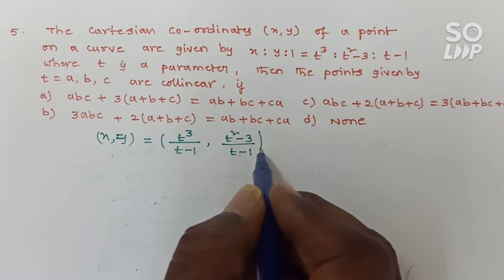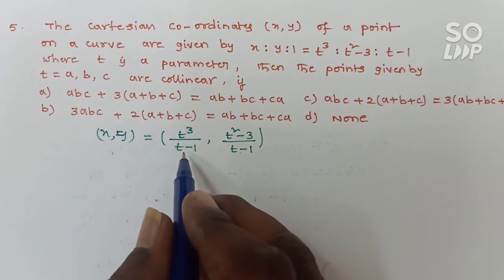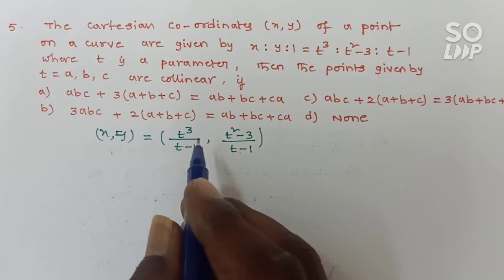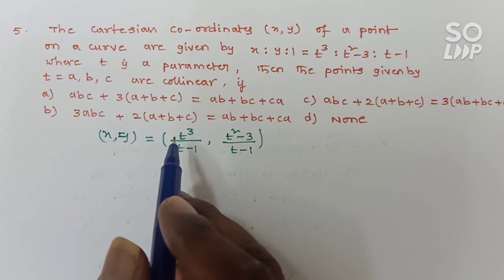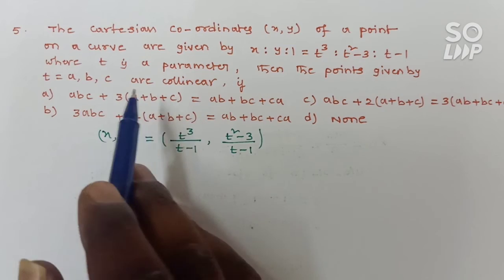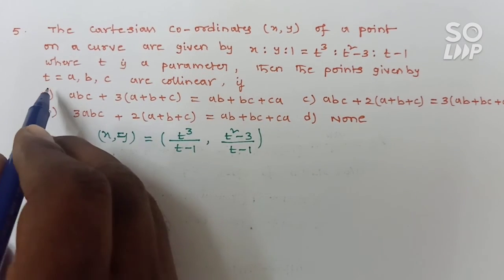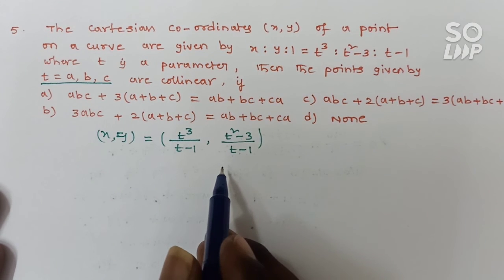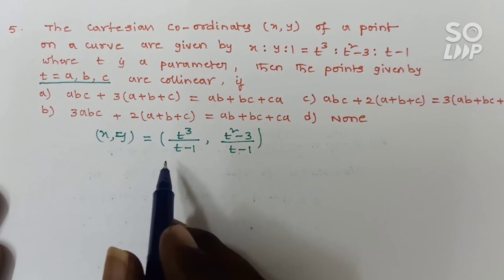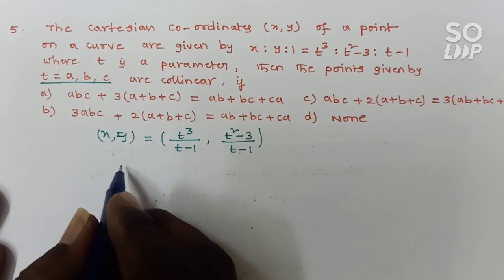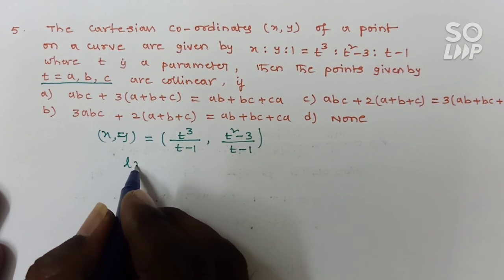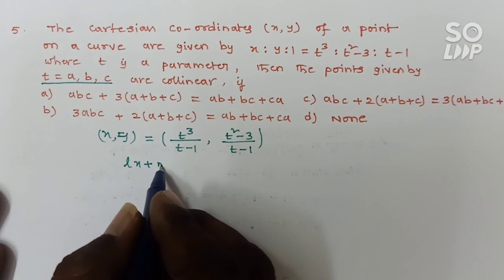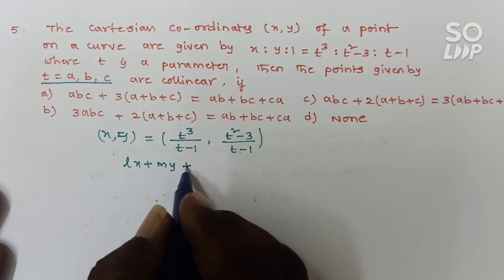Here the t values are as in the previous question. In the previous question the t values are t1, t2, t3, but here the t values are a comma b comma c. In this case also we can consider the line of collinearity. Let this line of collinearity be Lx plus my plus n is equal to 0.